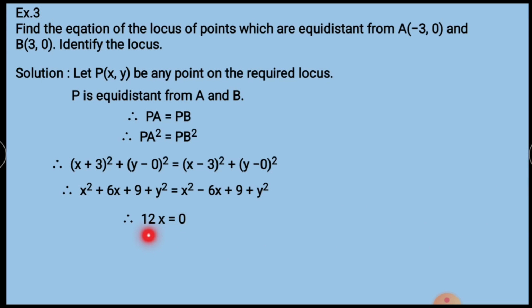Here we use the concept that AB equals 0 only when A equals 0 or B equals 0 or both are 0, but we know that 12 is not 0, that means x equals 0. And this is the equation of the y axis, that means here the y axis is the perpendicular bisector of the segment AB. So the locus is the y axis.